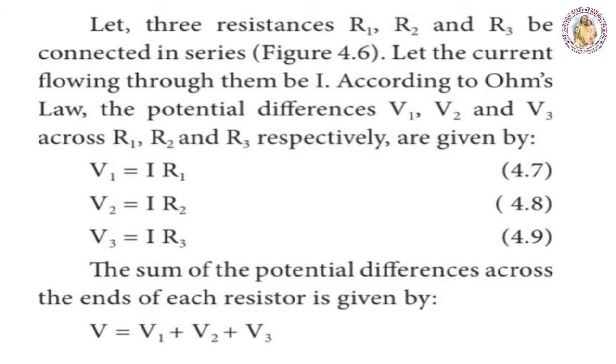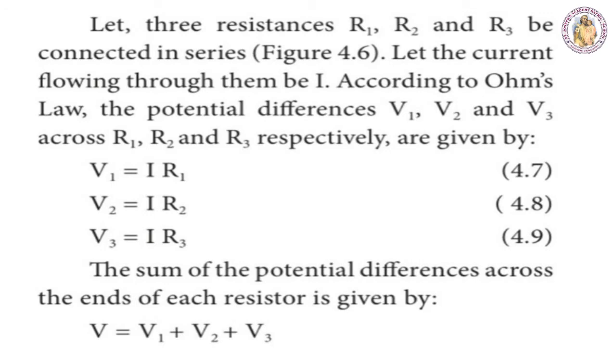So we know the formula V is equal to IR. Here there are three resistors, so there are three potential differences, and the current we have taken as common. So the potential difference V1 is equal to IR1, V2 is equal to IR2, and V3 is equal to IR3.